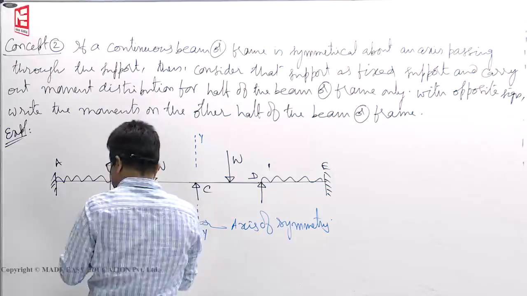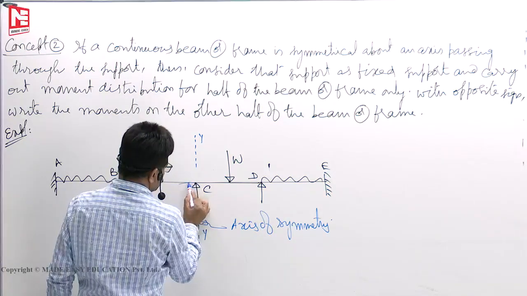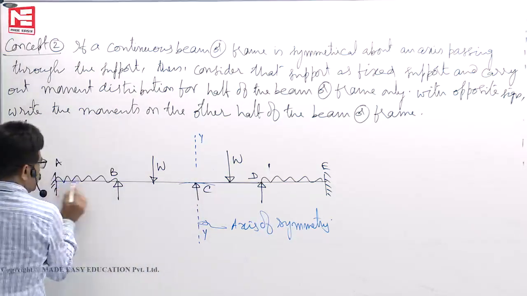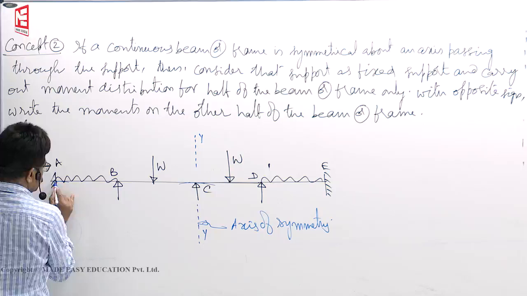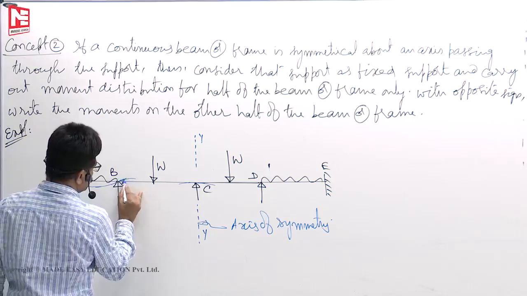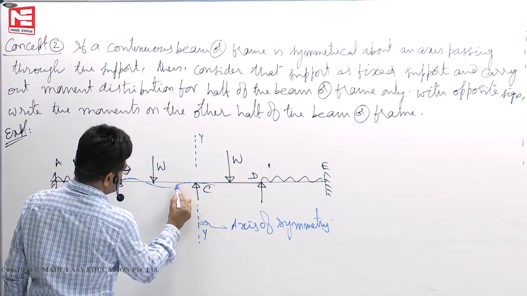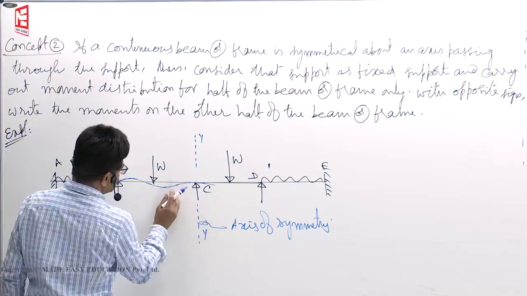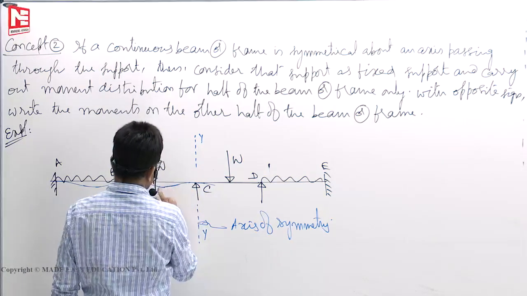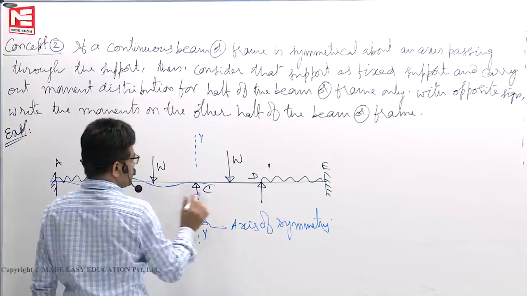So, now your deflection profile goes something like this. Here it has to be 0, like this, with 0 slope. Now, at B, slope can exist. It can go up, can go down. Say something like this, okay. These will be always smooth curves.